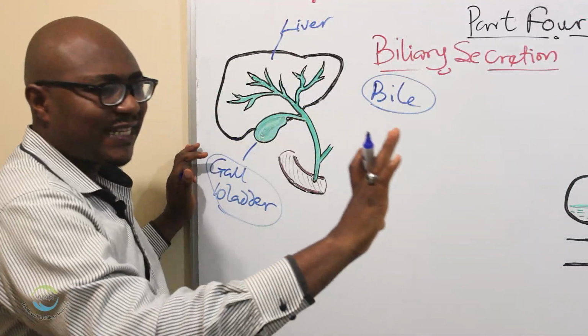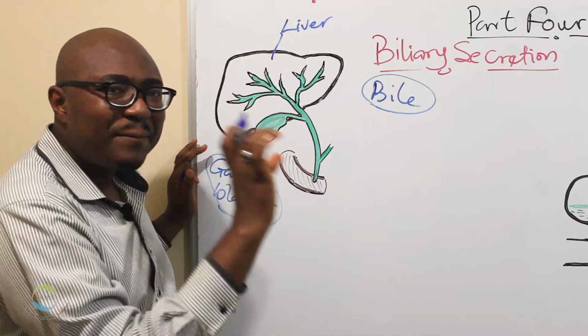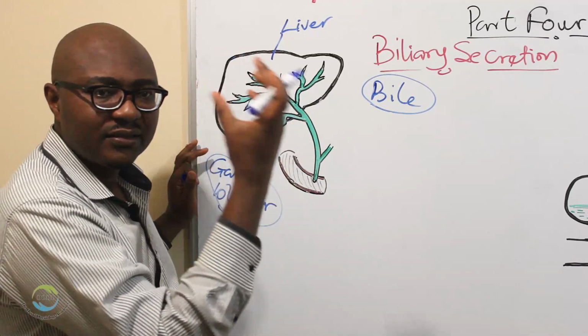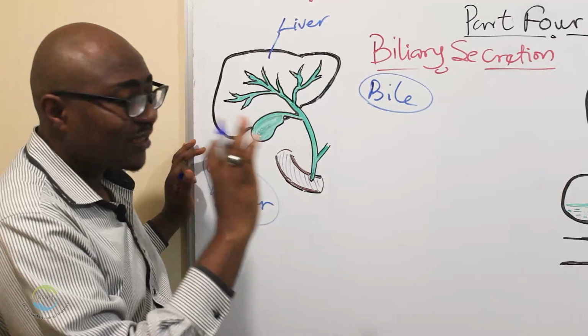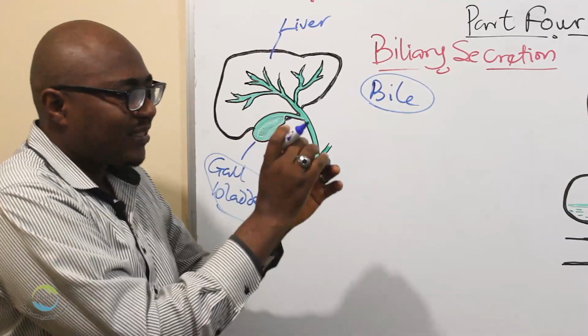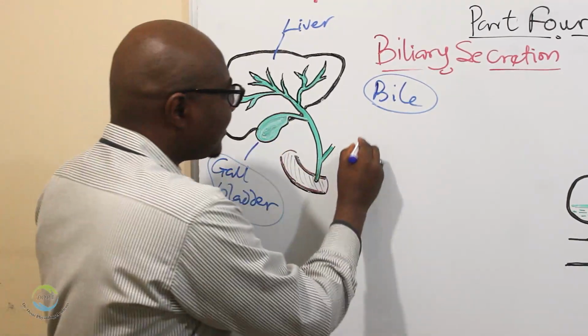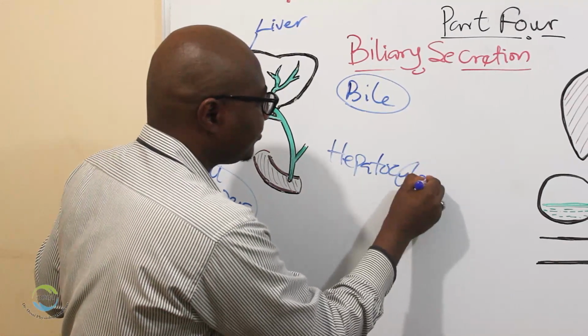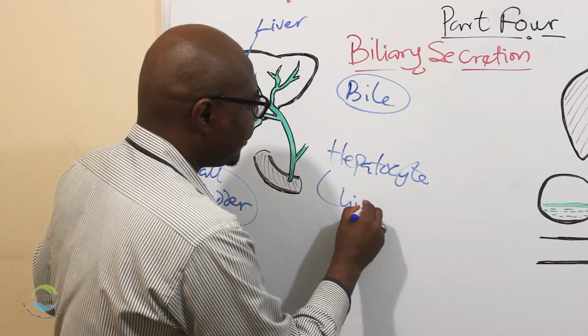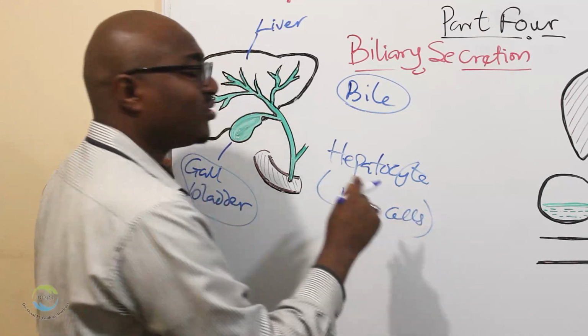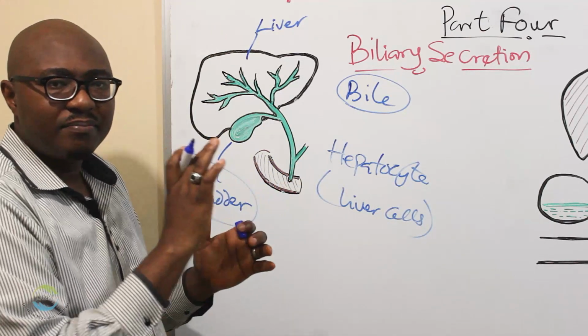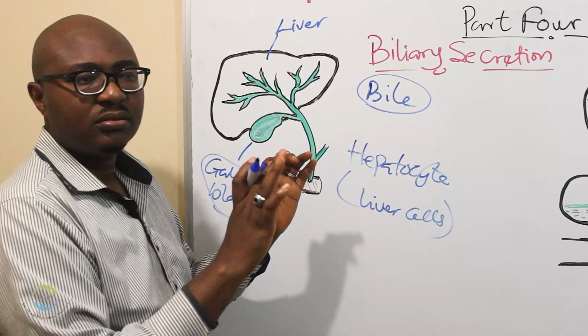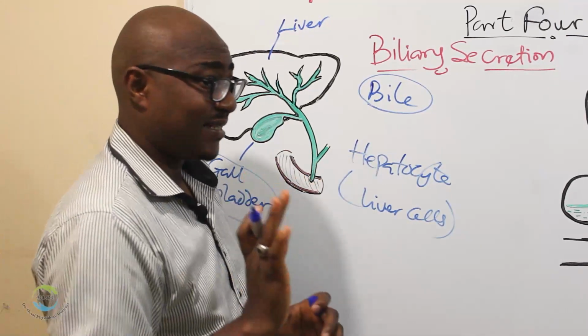So bile secretion starts from the hepatocyte. Hepatocytes means liver cells, okay? Liver cells. So they are the ones that secrete bile. But first of all, they are secreted as bile acids.